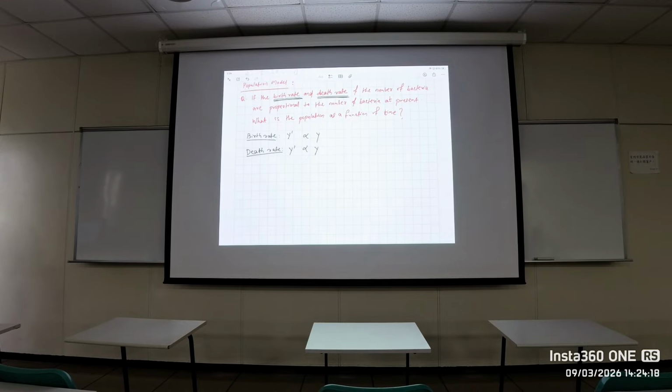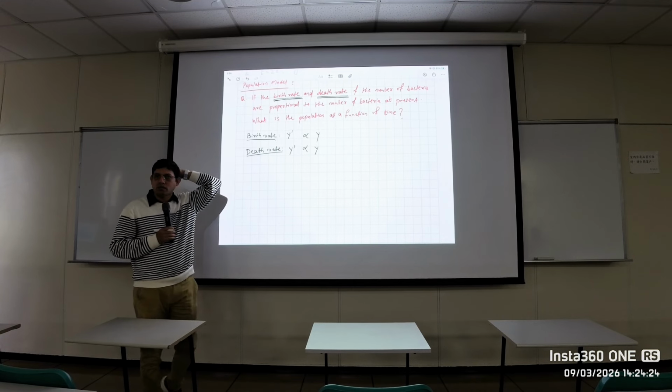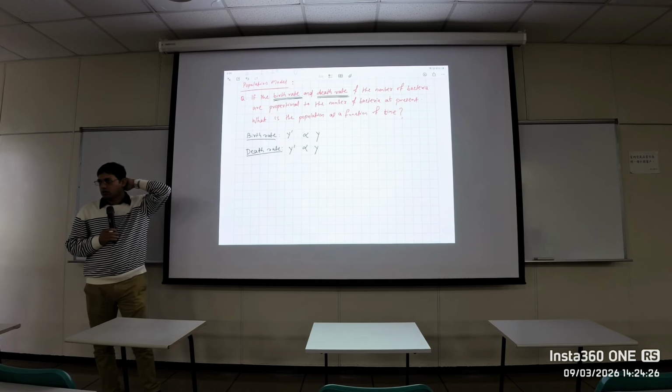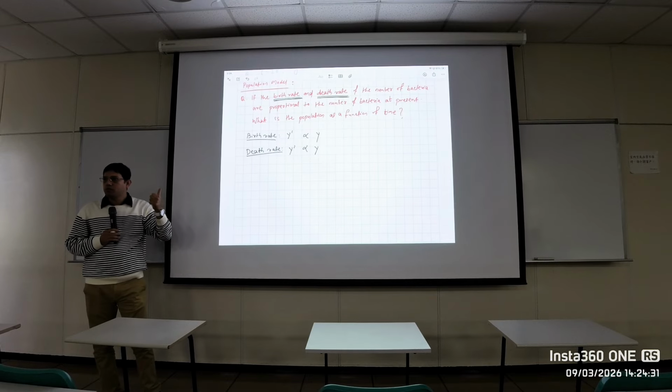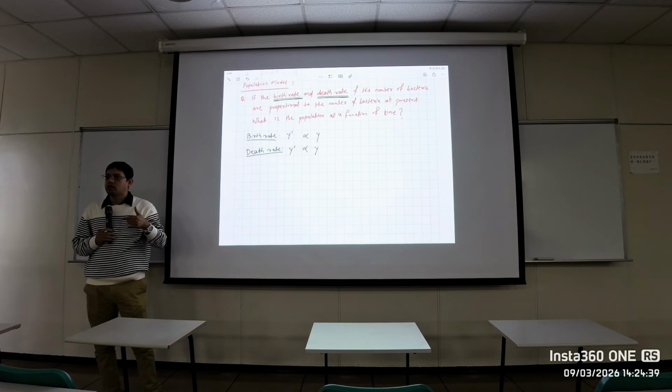You can ask why I am taking two different things as Y dash, Y dash. It is because the variable is one with respect to time, whether it is birth rate or the death rate, it is changing over the same time, right?